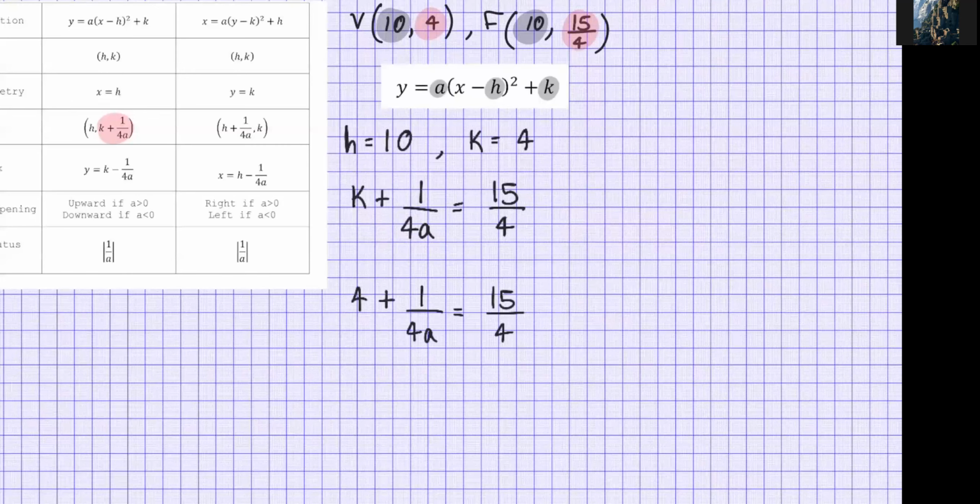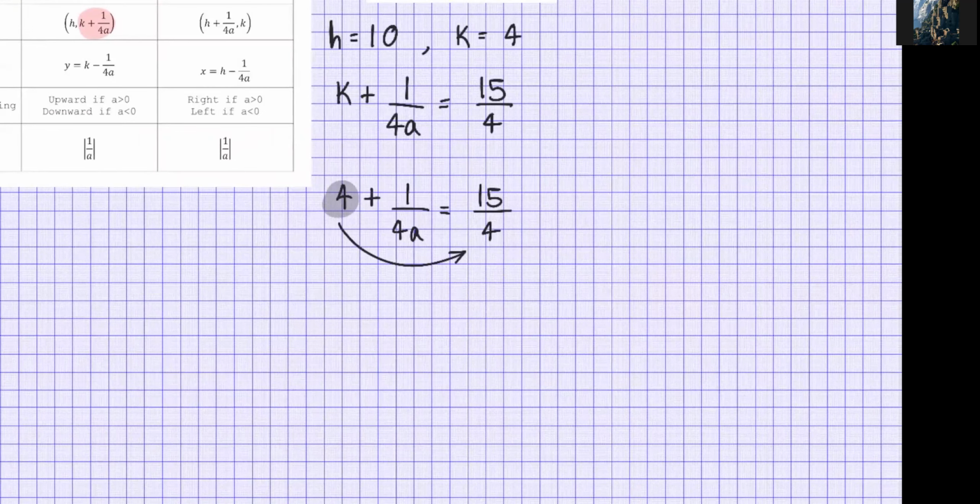Now, this 4 that we have here, we're going to send it to the other side, subtracting. Now let us remember that we have a fraction here, 1/(4A). So our 4 expressed in fourths is 16/4.